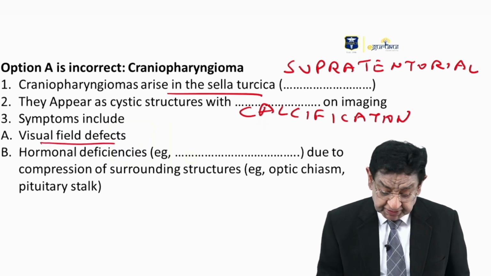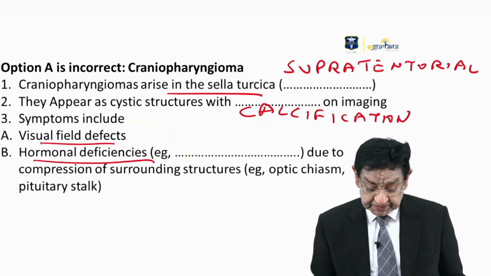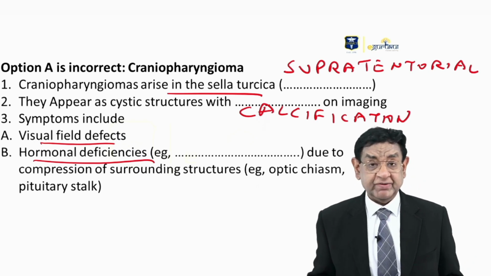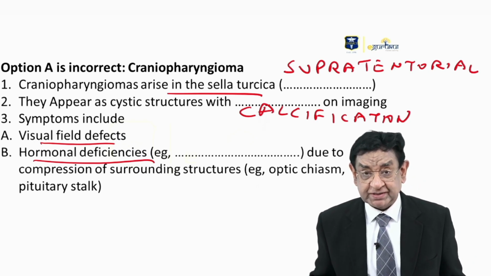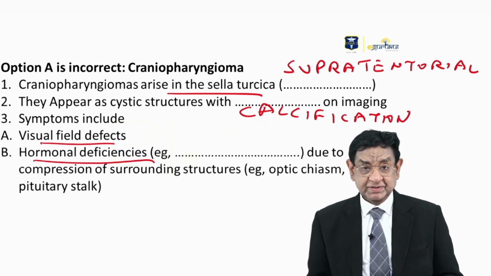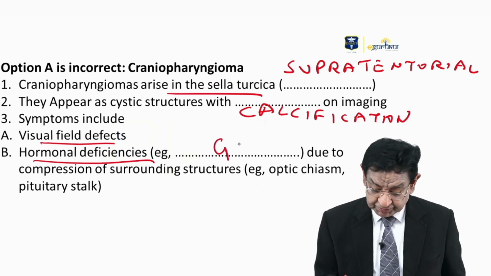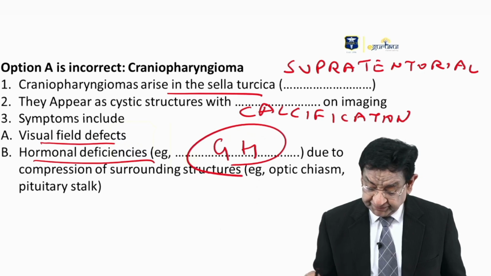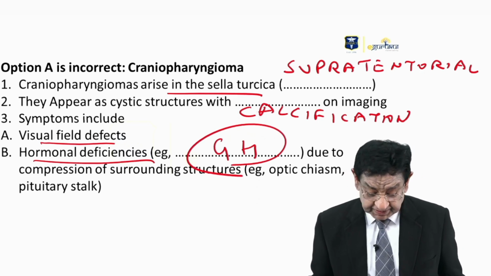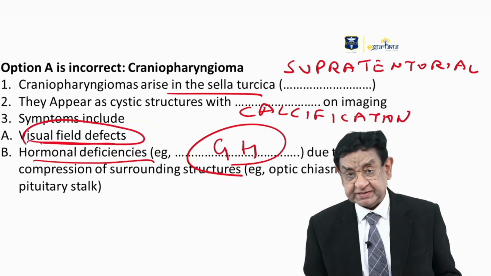Symptoms include visual field defect and hormonal deficiencies. Now you can stop the video and write down the answer. Which hormone can be deficient in this type of patient? Quickly write down, stop the video. The answer is growth hormone deficiency can occur. Well, visual field defect we are getting in this patient.